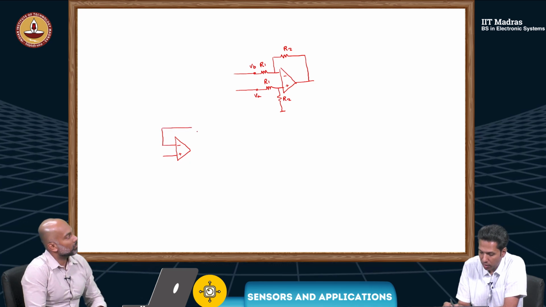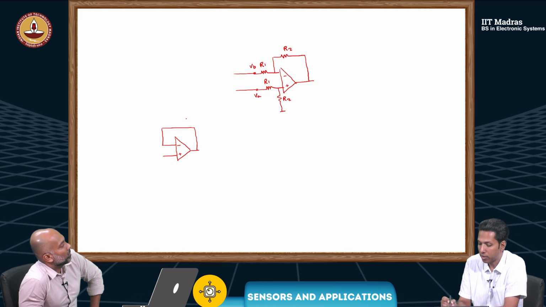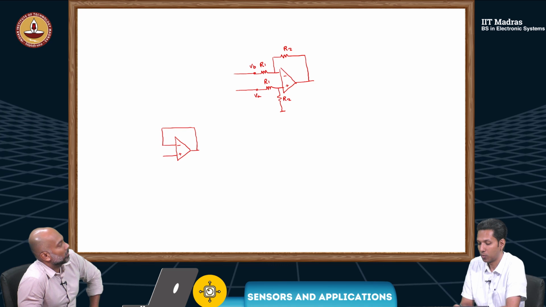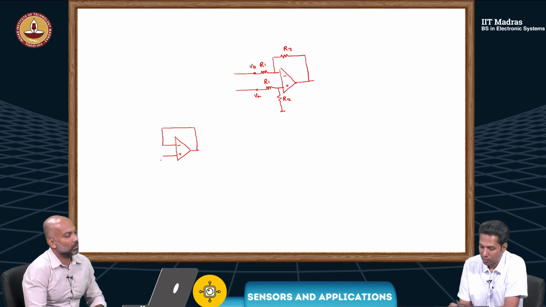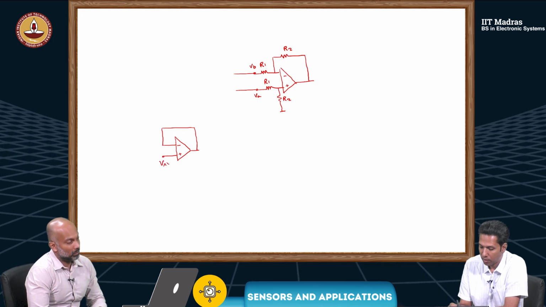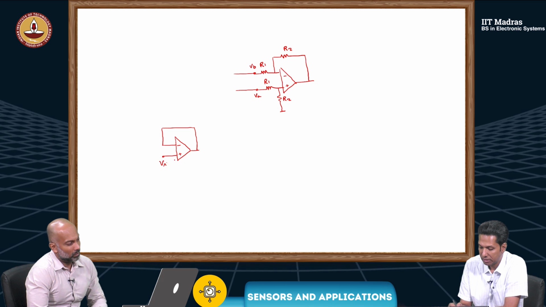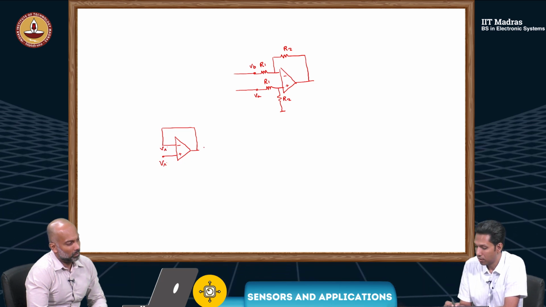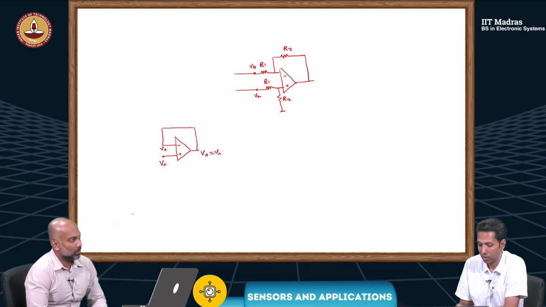It's a unity follower, where the output is fed back to the input directly with no reduction in the output voltage. This is Vi. So if this is Vi, this terminal is also Vi. This V naught is equal to Vi.